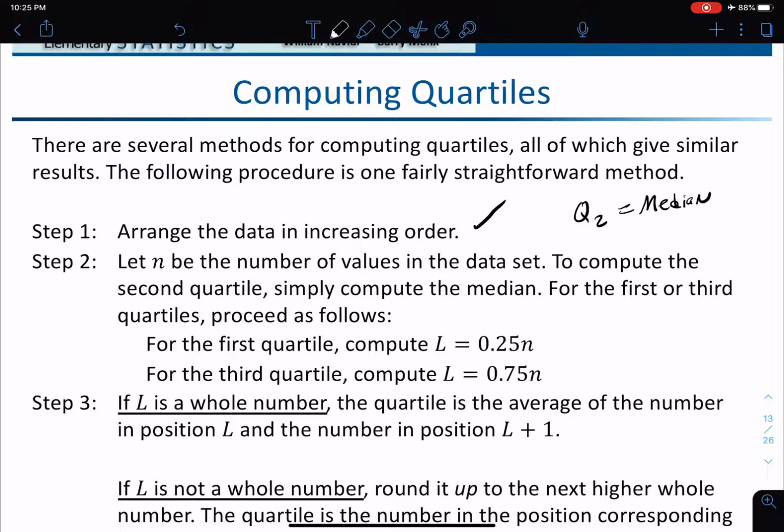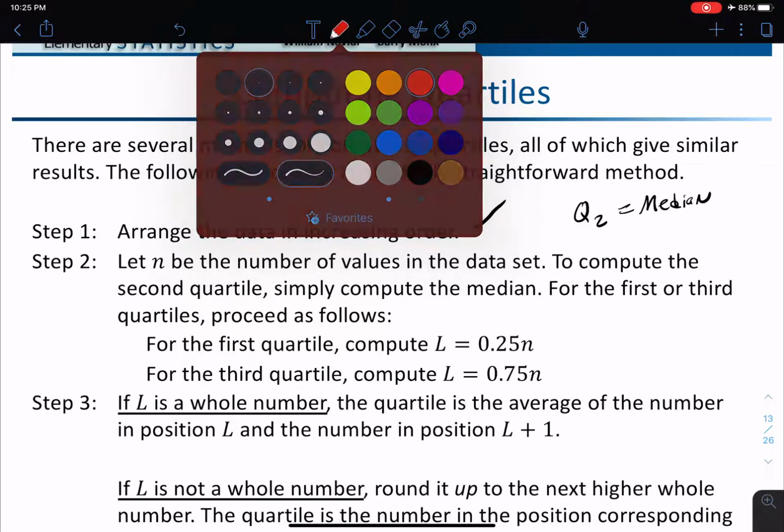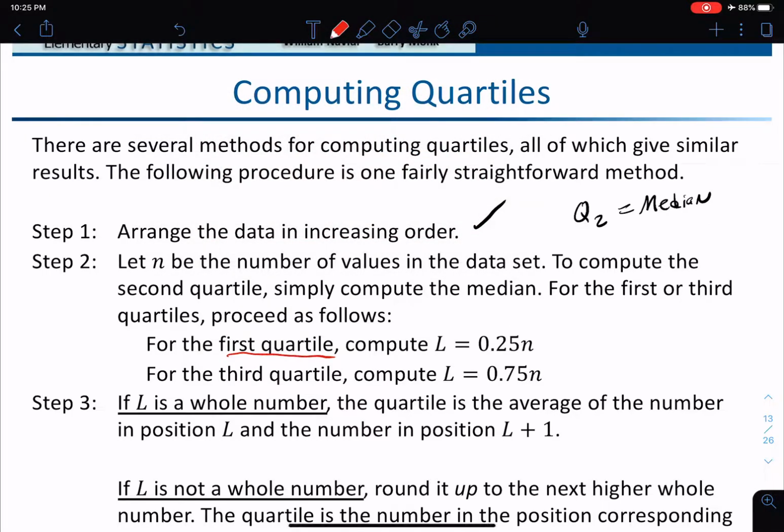Now, finding the first quartile. Think about the first quartile like the first quarter in a dollar, which is 25 cents. So for the first quartile, you take 0.25, that's 25 hundredths, and multiply it by how many pieces of data you have.